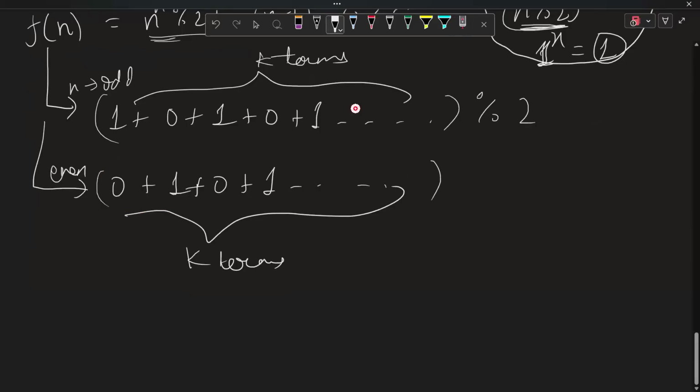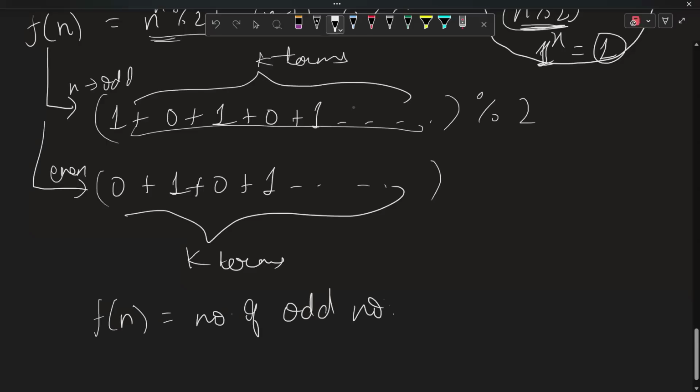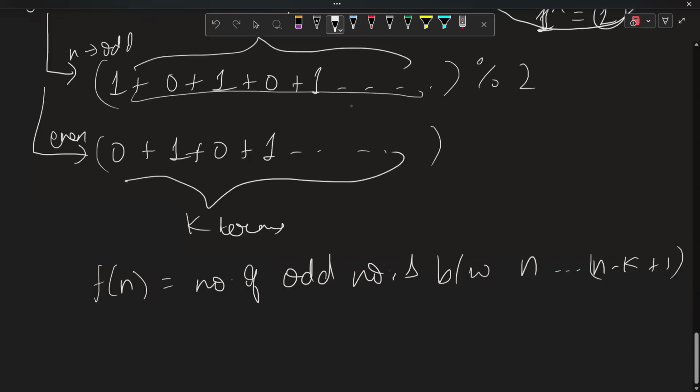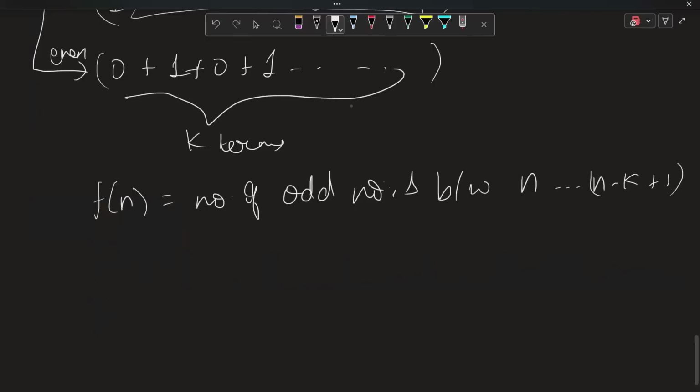So this sum would be the number of odd numbers between n up till n minus k plus 1, the last k terms. If k is even, it would be just k by 2. Half of k, half numbers would be odd, half numbers would be even.